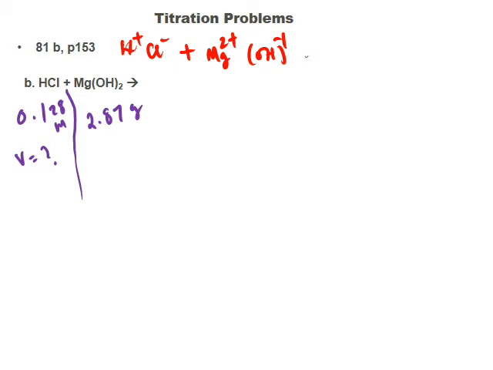Now, how would I get the product? This is a double displacement reaction. Most titration reactions are double displacement reactions where two ions exchange their positions. So in this case, H+ takes the place of Mg and Mg takes the place of H+.